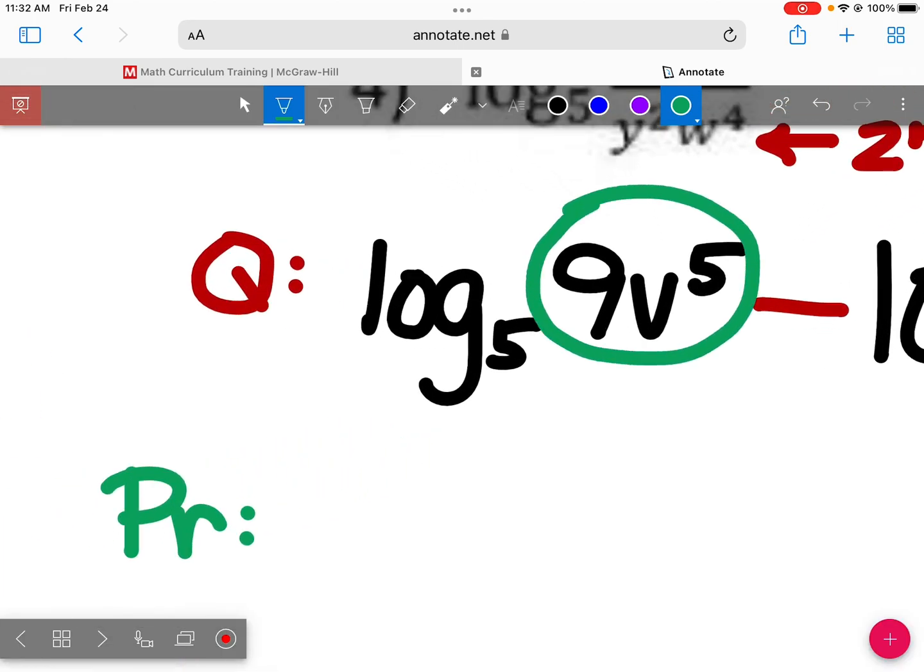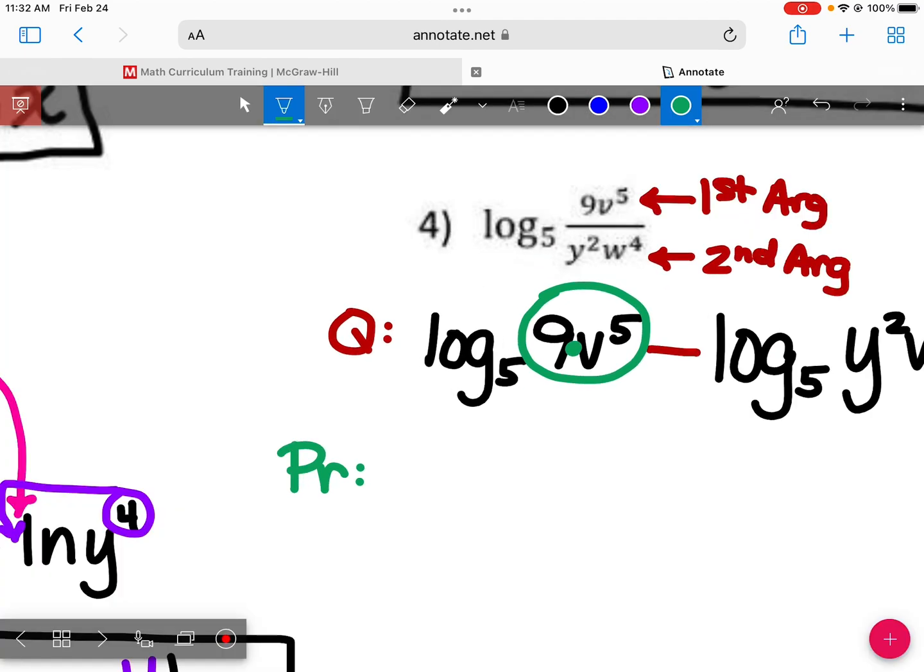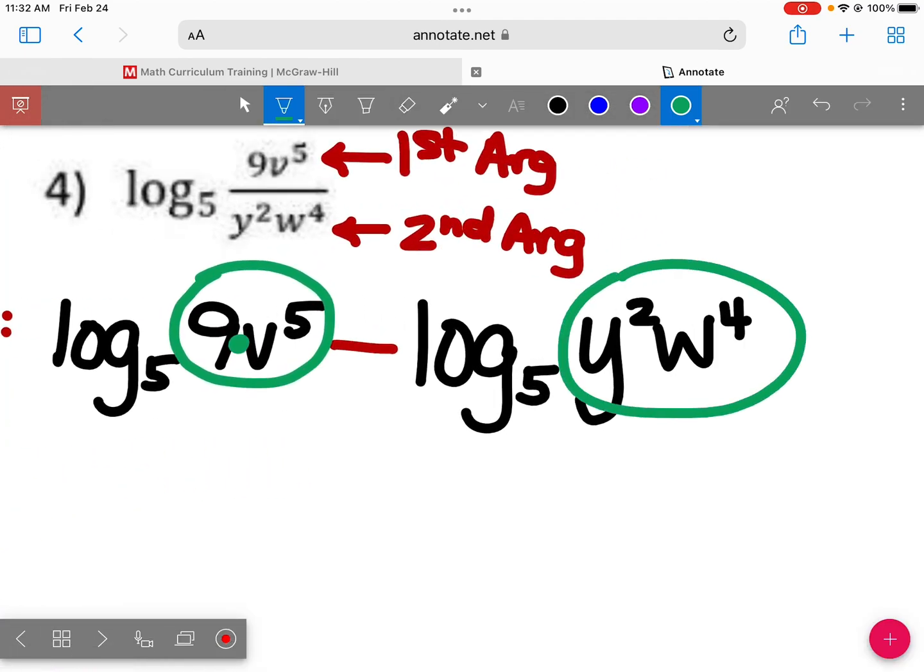Looking at this argument right here, is there any multiplication happening in that first argument? Yes. Between 9 and v. Does my second argument have any multiplication happening? Yes. In between y and w.